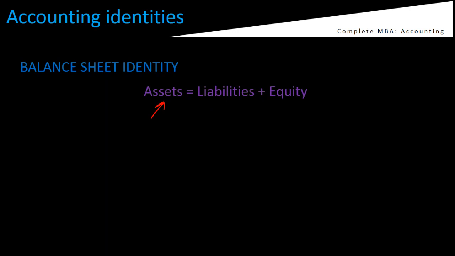For example, equipment, cattle, locals, furniture, cash in the bank, etc. The second one is the liabilities, which is everything that a company owes to third parties. Some examples are those accounts that we discussed in previous videos, such as bank notes, government due taxes, supplier debts in general at the end. And finally, the third and most important one is the equity, which is everything that the company owes to the shareholders.